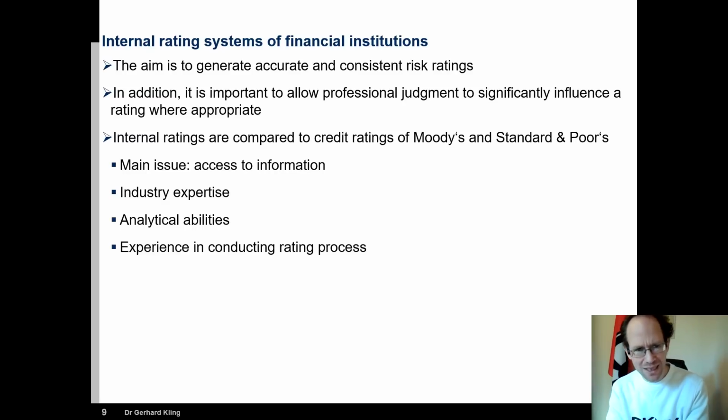But what you always need is a combination of industry expertise and analytical abilities. That's the key issue. You have to look at the financial information provided by companies. You have to make an awful lot of adjustments to get to the bottom of it. And in the end, industry-specific factors really matter. You have to really understand the industry.